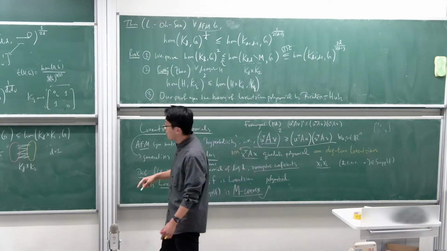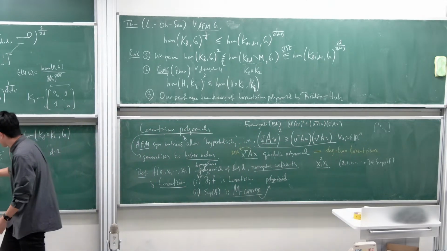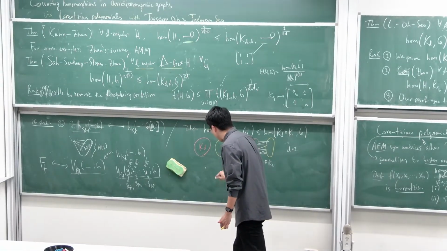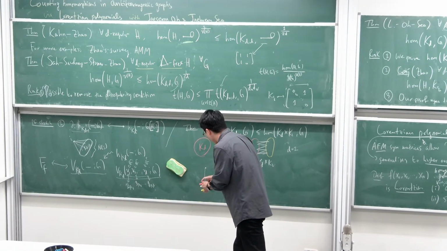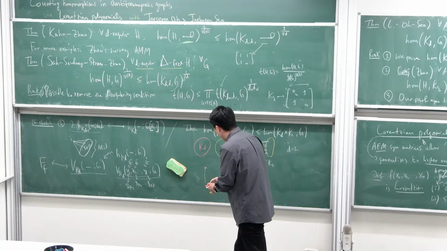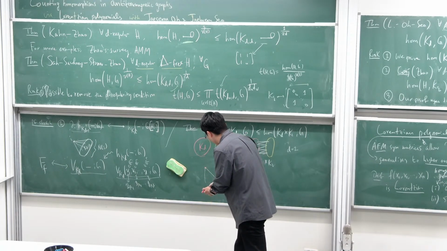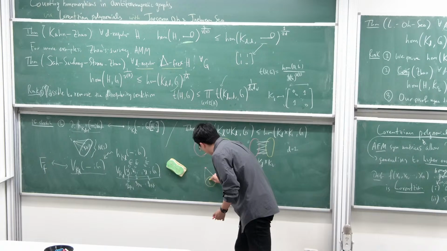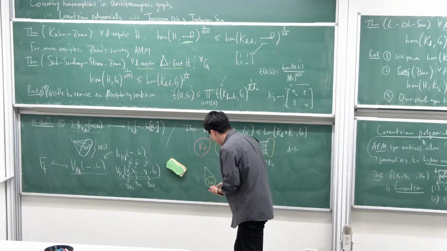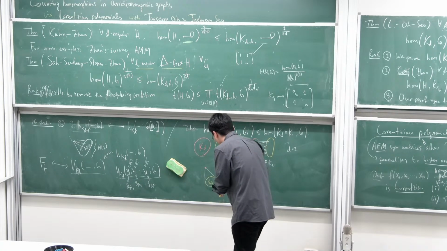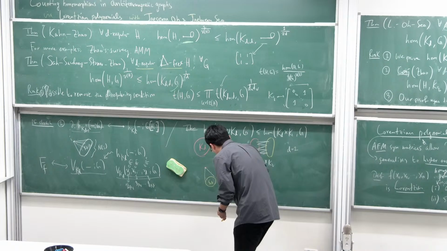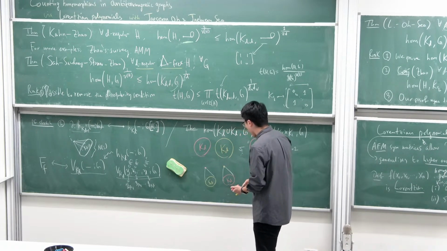For the higher degree, what I'm going to do is fix two vertices, let's say one being red and one being yellow, and we look at the neighbors of them. Here I want to find a copy of K_d, and here I want to find a copy of red K_d.